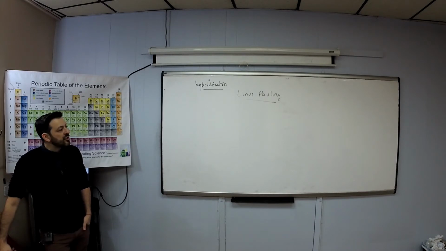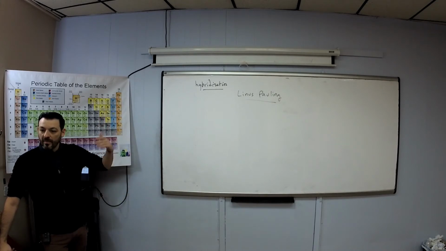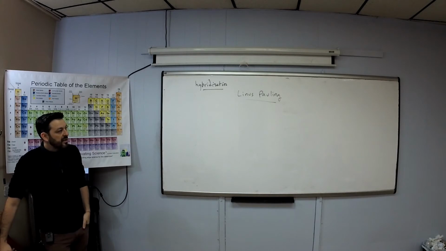And if I mention the name Pauling, you probably confuse it with Pauli, Pauli's exclusion principle. But Pauling has nothing to do with the exclusion principle. Linus Pauling was quite a remarkable scientist. He came up with the whole idea of electronegativity. He came up with the whole idea of hybrid orbitals, sp2, sp3, sp.